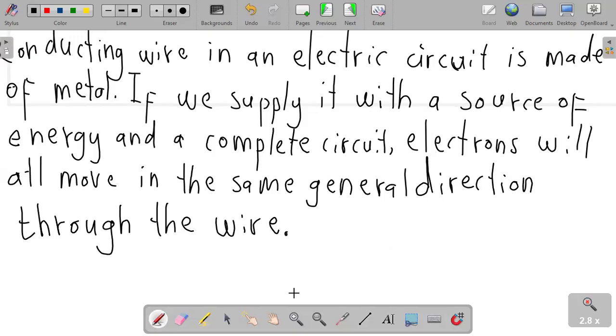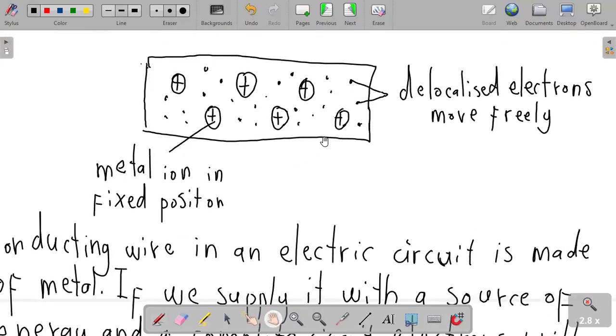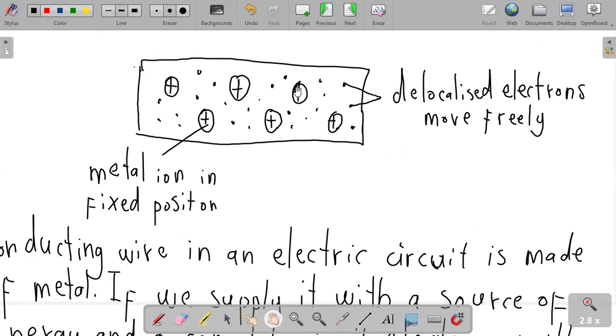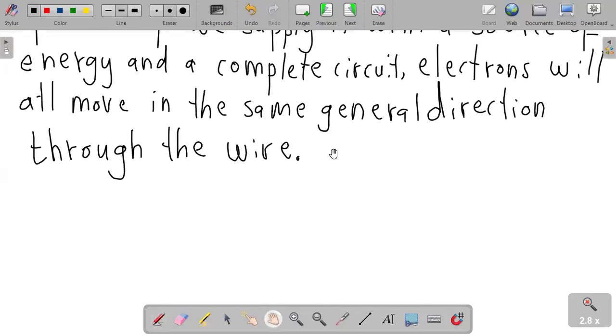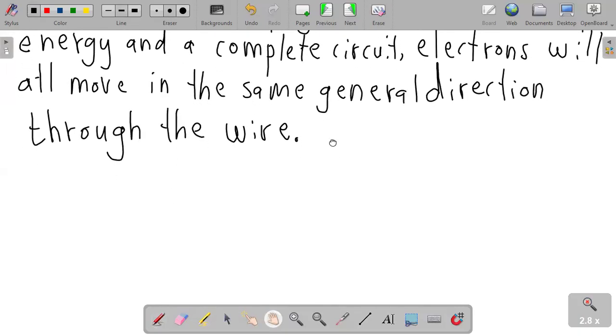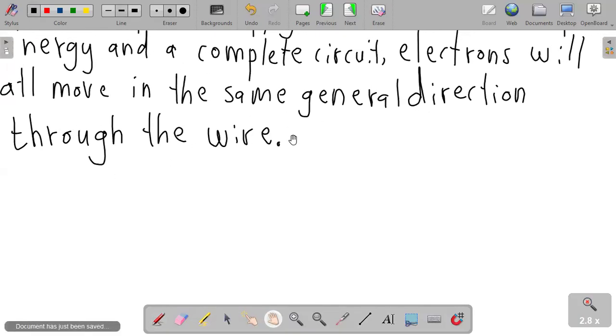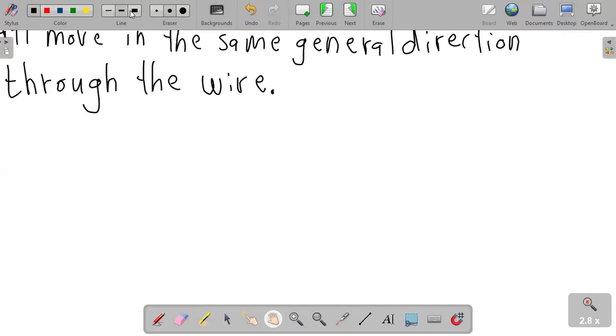The delocalized electrons will either move to the left or to the right, all in the same direction.